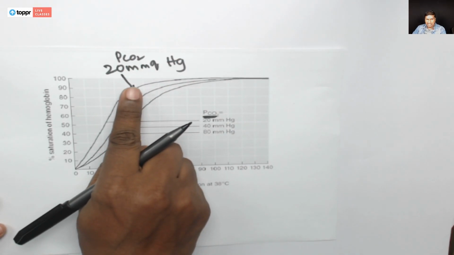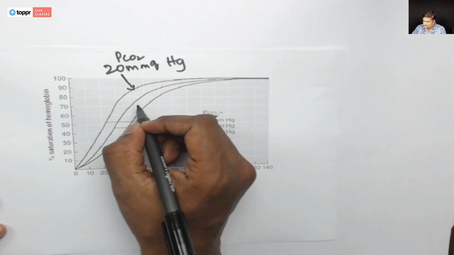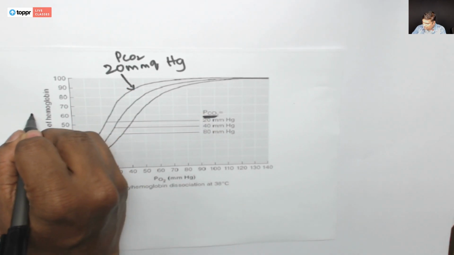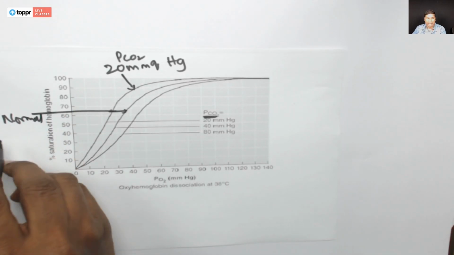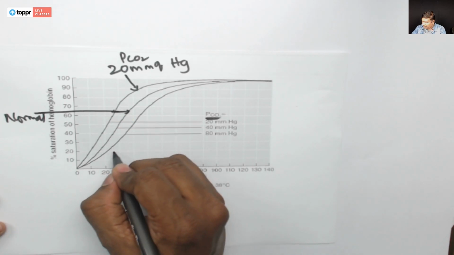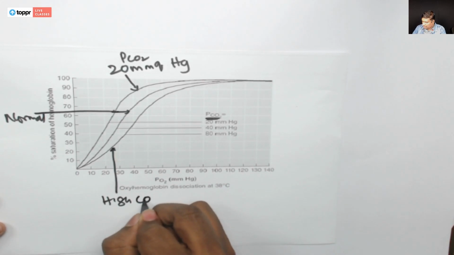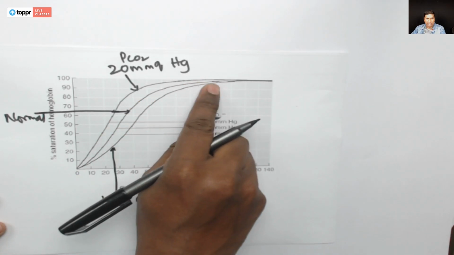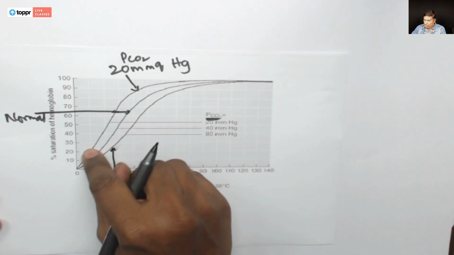When you increase the partial pressure of carbon dioxide, this is the normal one, at normal partial pressure of carbon dioxide, and this is when you have high CO2. When you have high CO2, you can see the saturation of hemoglobin going down.